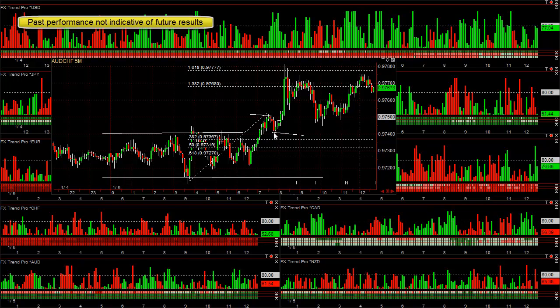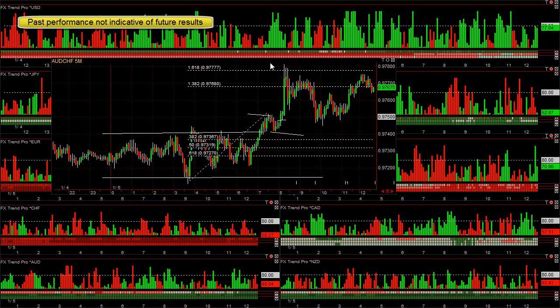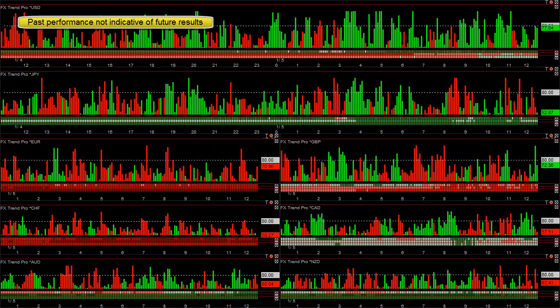You always want to put your stop underneath the swing low. And here's your first profit target. Again, it shot through that and went to the second profit target up here at 97.77. So even if you got in this at 53, you have about a nice 24 pip win while risking 6 to 12 pips. That is the epitome of good trading.